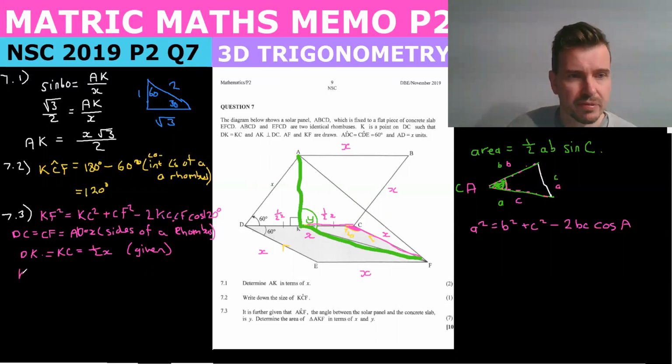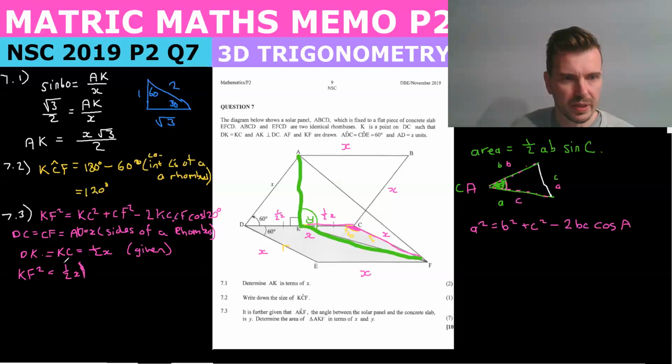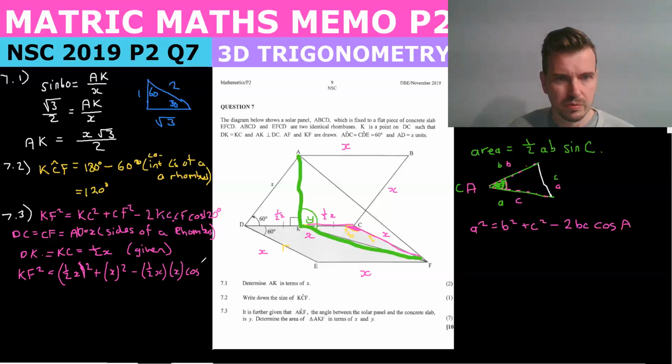So KF squared, which is what we need to get, is equal to a half x squared plus x squared minus 2 times a half x times x cos 120.